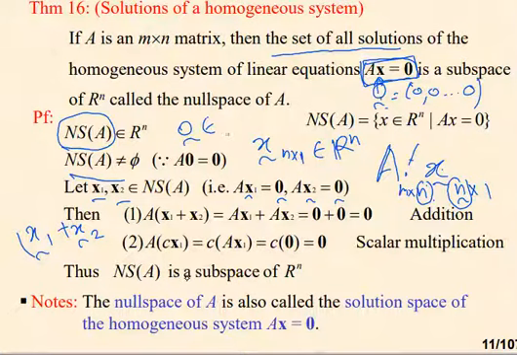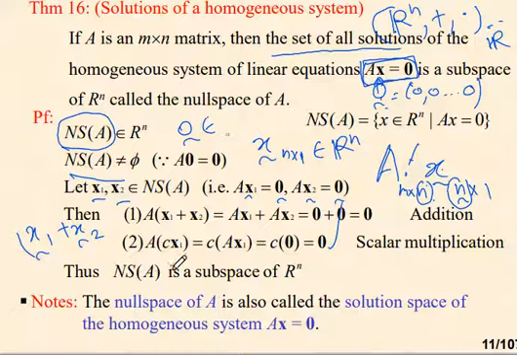So this is your vector space now, R^n, with vector addition and scalar multiplication over the field R. So this set is closed under addition. Again, you can show this set is closed under scalar multiplication.